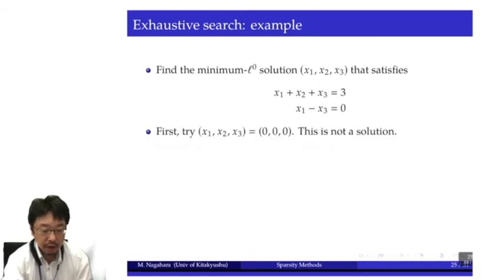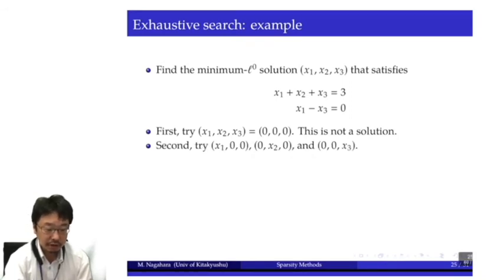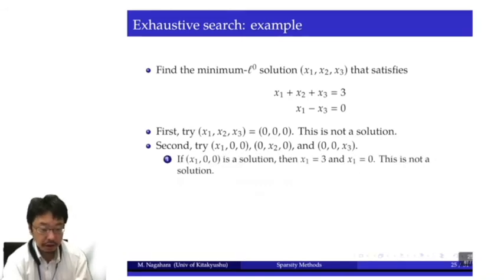First, try the zero vector. This is obviously not a solution. Second, try vectors of the form (x1, 0, 0), (0, x2, 0), and (0, 0, x3). If (x1, 0, 0) is a solution, then from the above equations, x1 is 3 and x1 is 0 at the same time. This is not a solution.